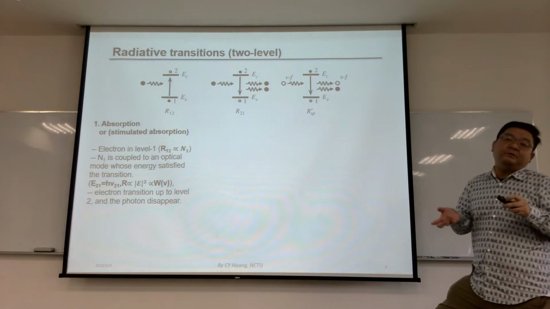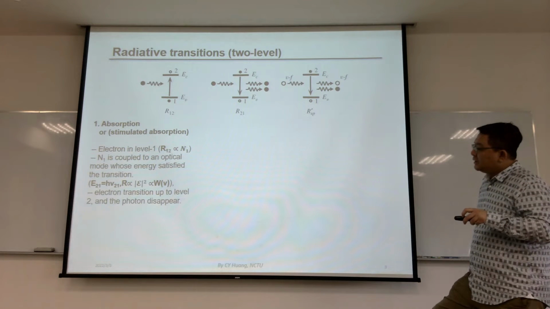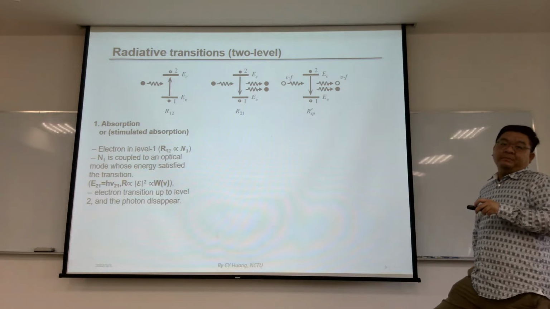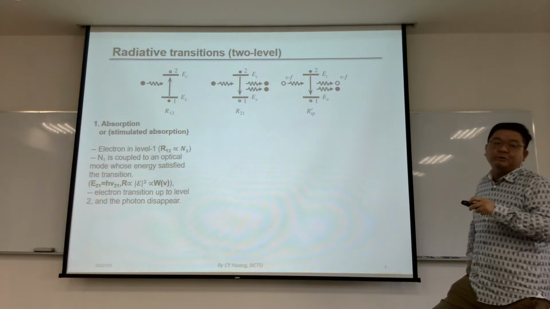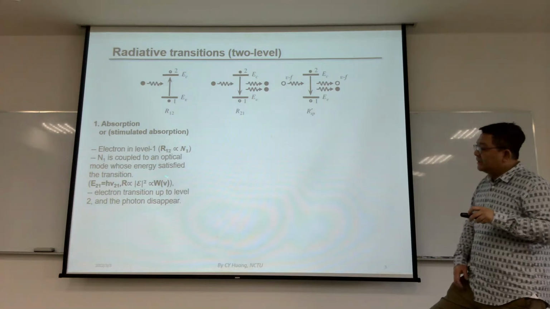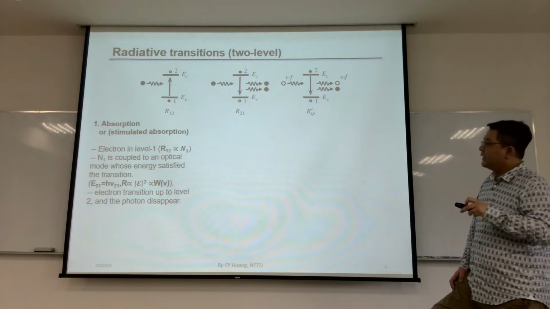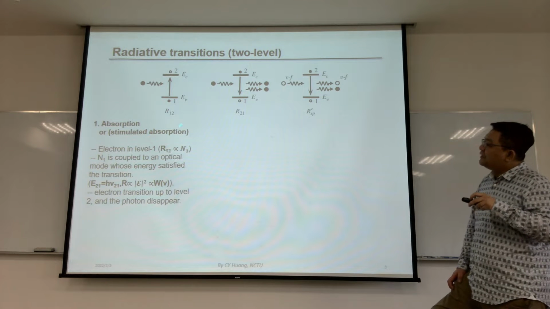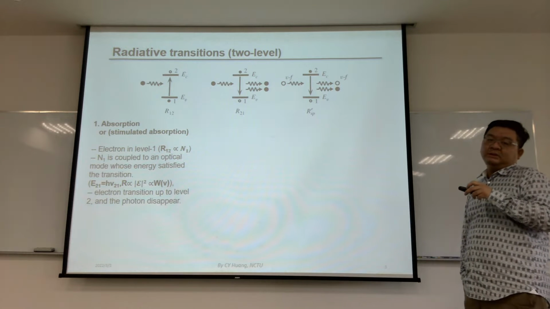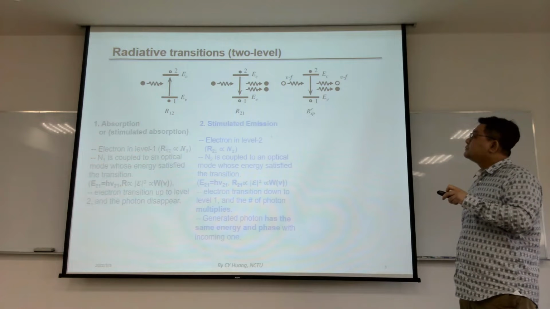But the number of photons is in units of energy, so R12 should be proportional to the electric field squared, because that is the energy. Since it is proportional, we don't know exactly what the constant is, so it's fine. So R12 is proportional to E squared. After this process, one photon is lost and one electron goes to the higher level.